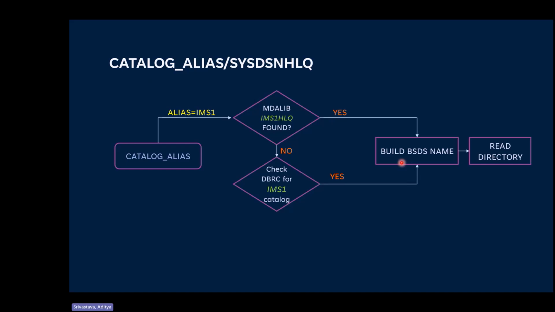That is, you build the BSDS name and you read the directory, same as you were doing earlier. But if we don't find that entry even in the DBRC, then there is no way for that particular alias name to find the high level qualifier, and hence I cannot reach the directory dataset. So I have to fall back to reading from the ACBLIVE. That's what we do in our offline products right now.